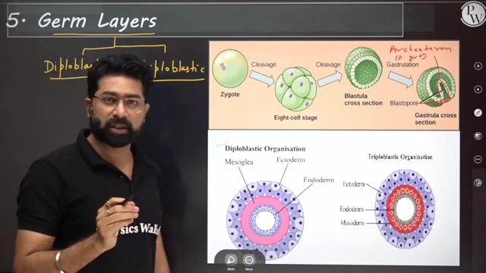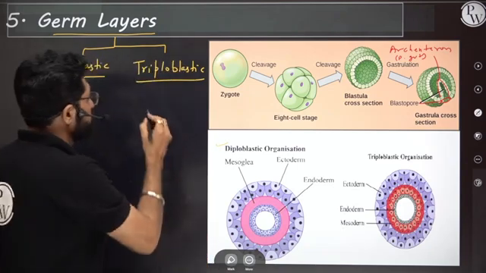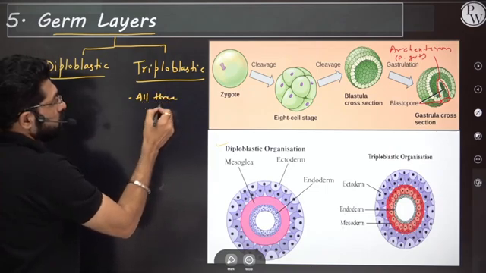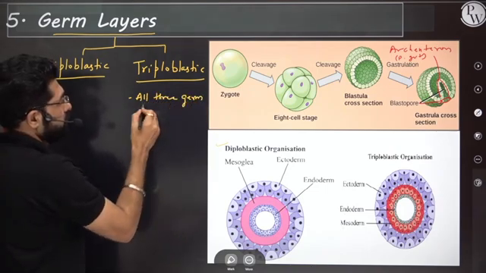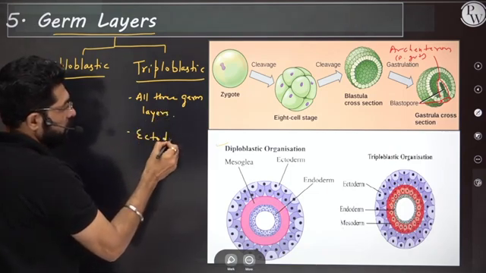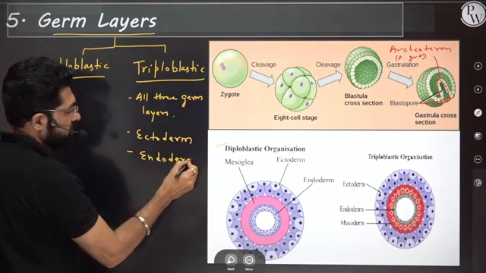In triploblastic, you have all 3 germ layers present: ectoderm, endoderm, and mesoderm. Please be very specific.